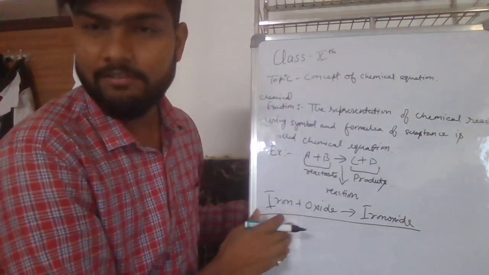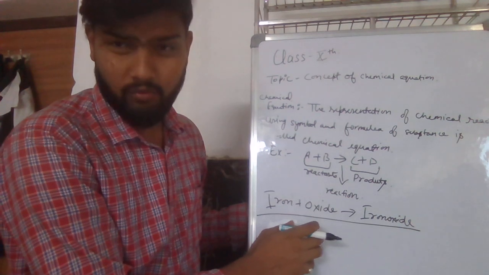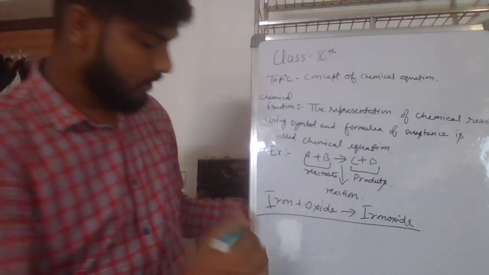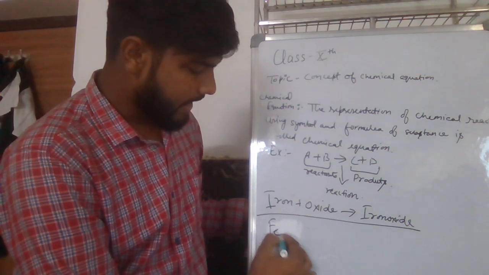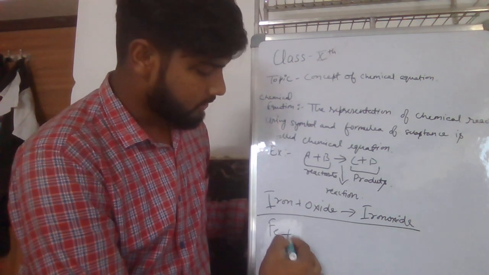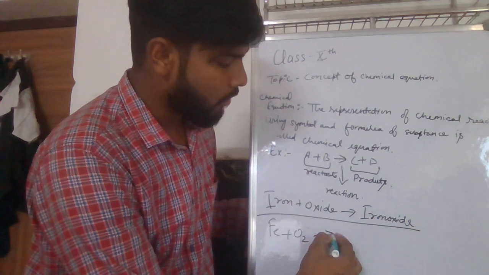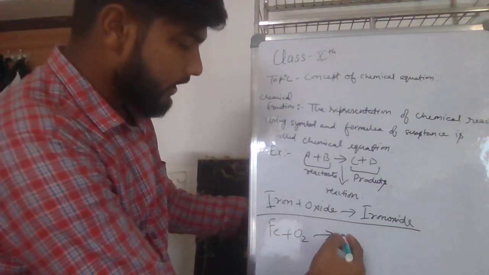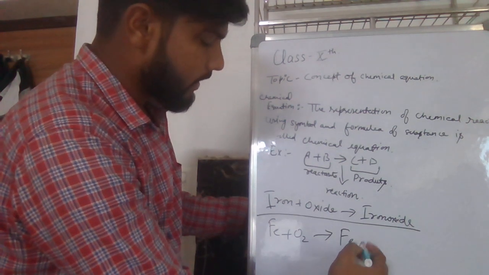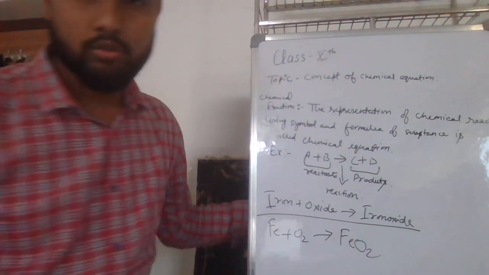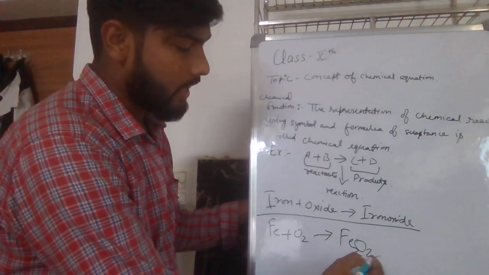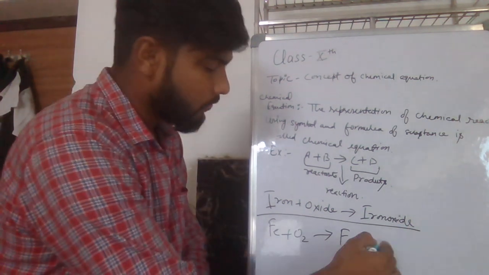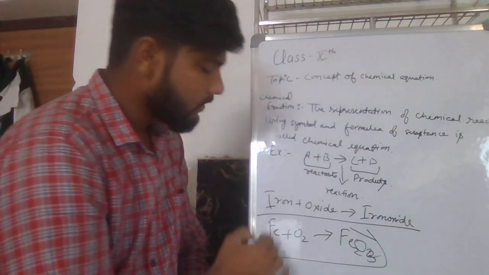So this one is the word equation. In another example, I write here Fe plus O2. What will be the chemical reaction of this Fe plus O2? Here you can see that it will become Fe2O3.